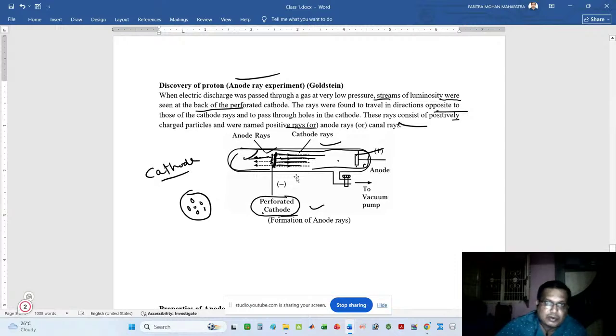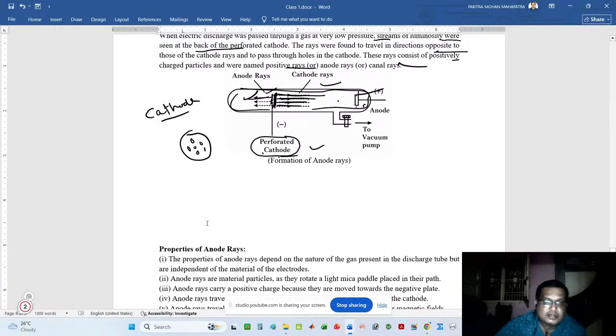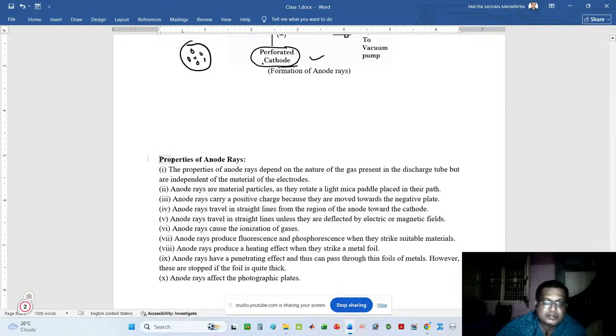Goldstein found, look at that. That means we want to say the properties of anode rays. Listen, an important point. The cathode ray does not depend upon the nature of the gas present in the discharge tube, and also does not depend upon the material of the electrode.